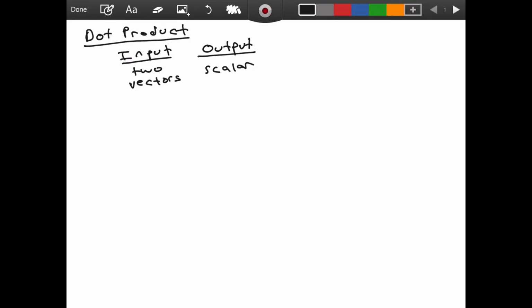And let me show the notation now. The notation is we have vector A and vector B. From the name you can guess, we put a dot in between them to represent their dot product. And by definition, this dot product will be the following.